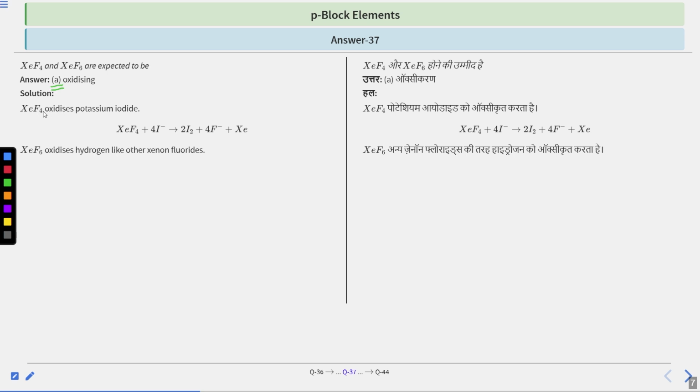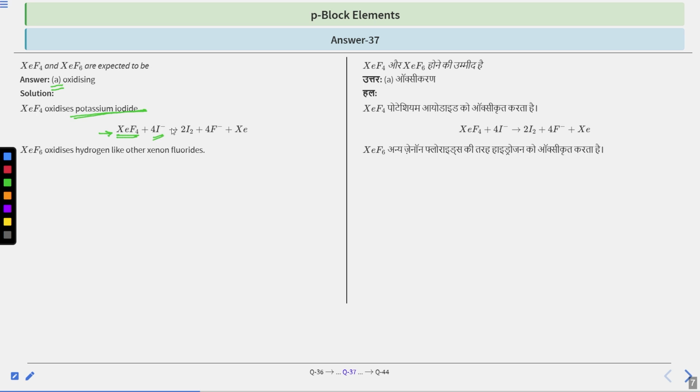XeF4 oxidizes potassium iodide. If you react XeF4 with 4 iodide ions, it will give us 2I2 plus 4F minus plus Xe. So you can see that XeF4 oxidized the potassium iodide.